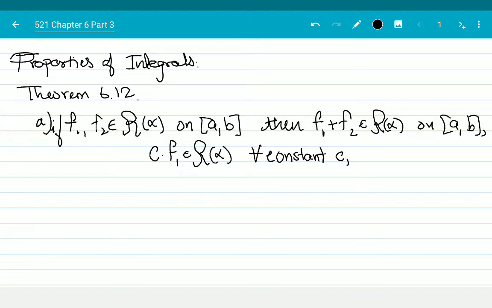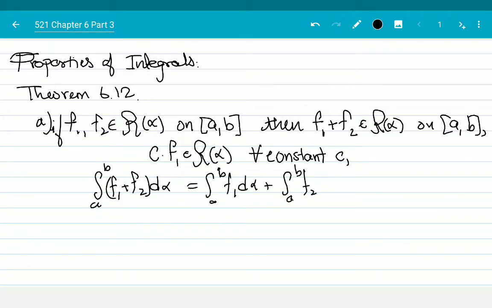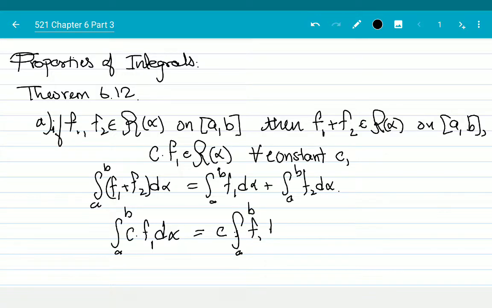And we have the nice properties that the integral from a to b of f1 plus f2 d alpha is equal to the integral from a to b of f1 d alpha plus the integral from a to b of f2 d alpha, and the integral from a to b of c times f1 d alpha is equal to c times the integral from a to b of f1 d alpha.